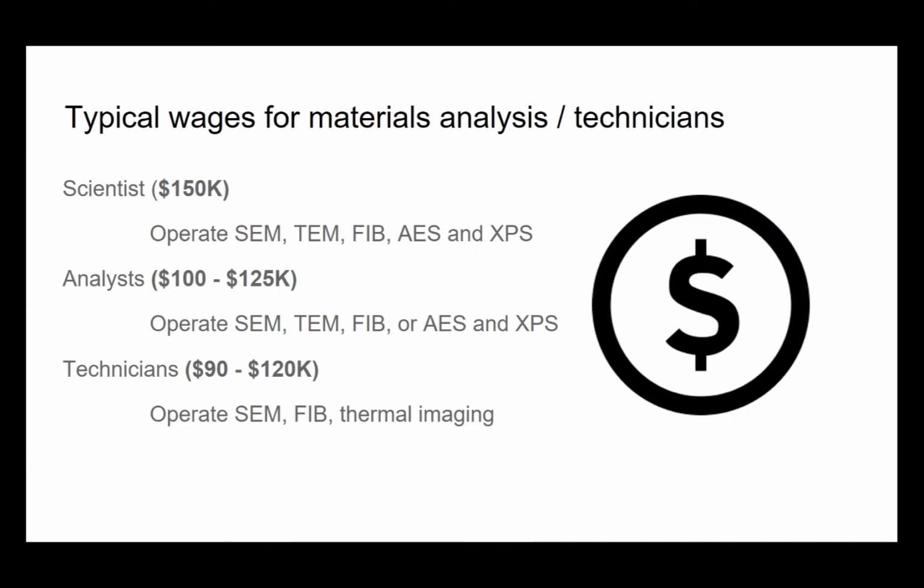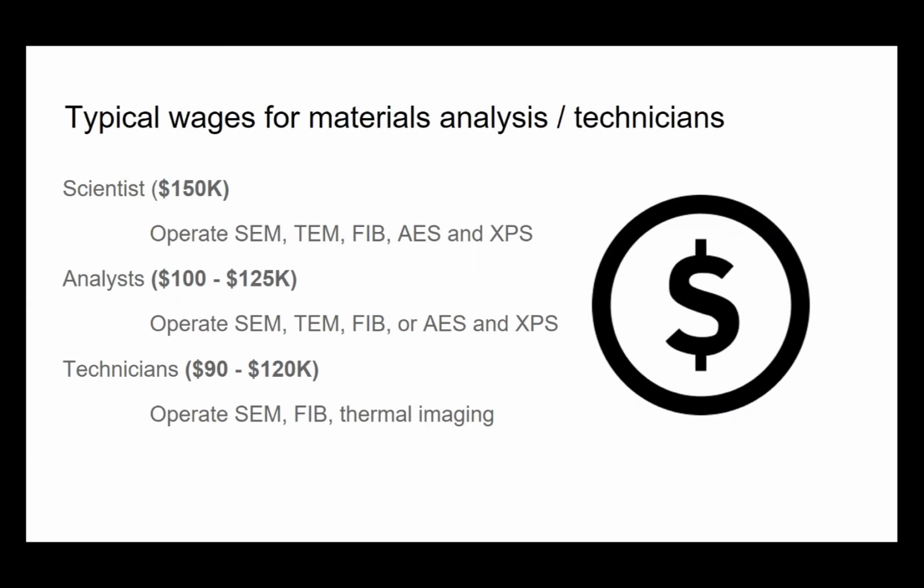They operate, again, multiple instruments, but typically in a cluster, such as scanning electron microscopy, TEM, focused ion beam as image analysis, and then Auger electron spectroscopy and XPS as a surface analysis tool.